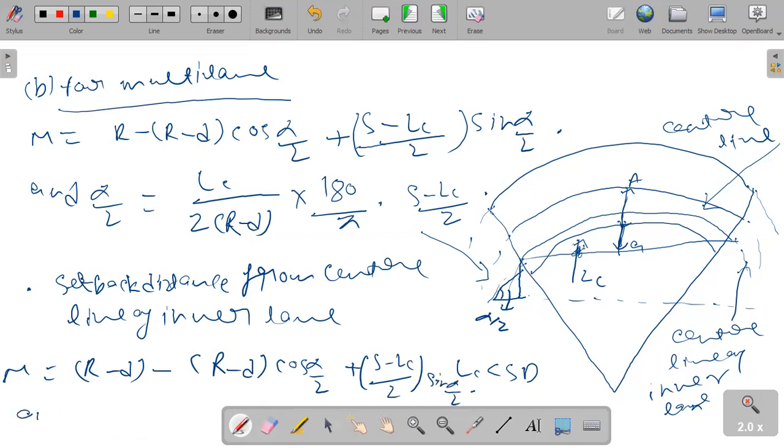And obviously alpha by 2 is equal to LC upon 2 into (R minus d) into 180 by pi. This is the setback distance from the center line of inner lane. So this is the complete formula.